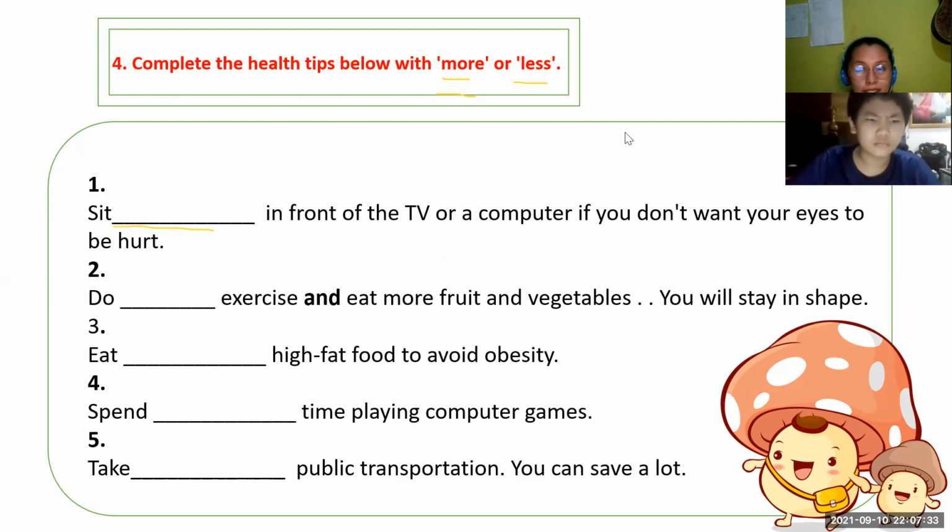Or you need to write it? Oh, wait. Okay, you just need to write.